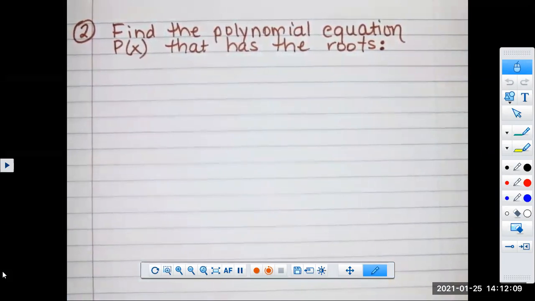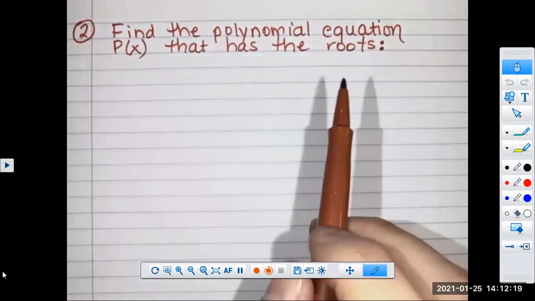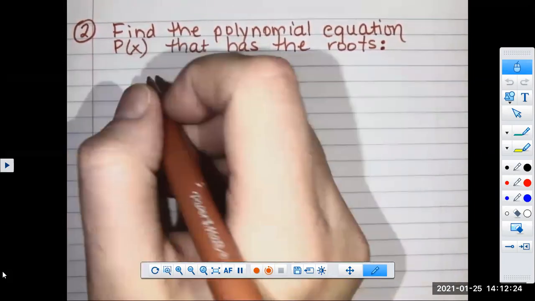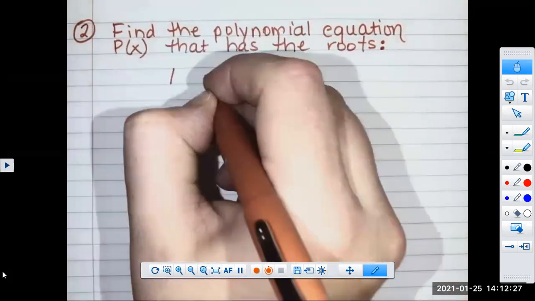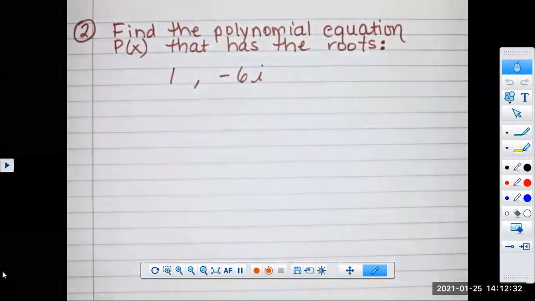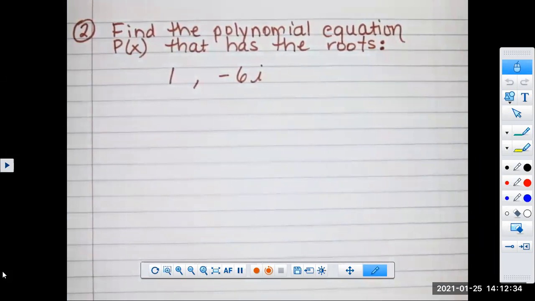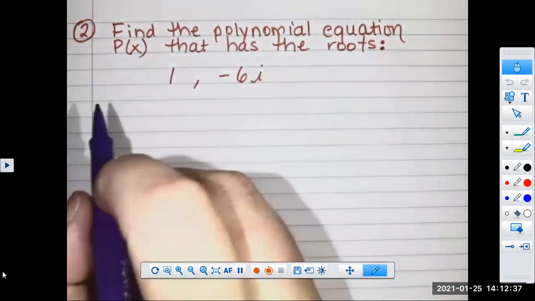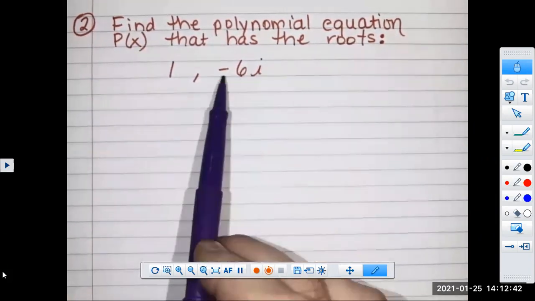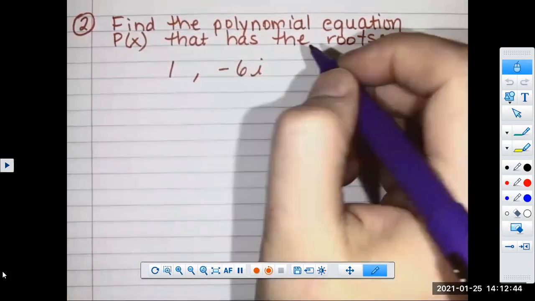So find a polynomial equation with real coefficients. That simply means that you're going to have whole numbers or fractions in front of x squared and x cubed and all that. So find the polynomial equation with real coefficients that has the roots, and this is what you're given: 1 and negative 6i. So they give you root 1 and root negative 6i. The first thing that you have to do is determine if you have any other roots. And based on this complex root, we know that what is also a root?